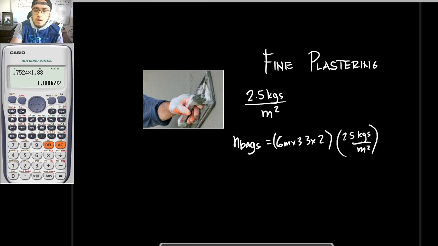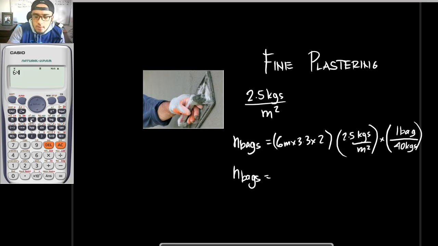Then we convert to bags. One bag has 40 kilograms of cement in it. So the number of bags that we would be needing in fine plastering would be 6 times 3.3 times 2 times 2.5 divided by 40.